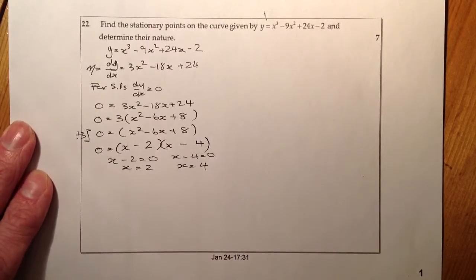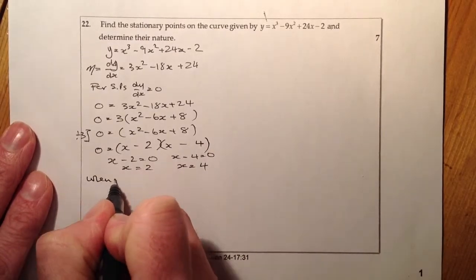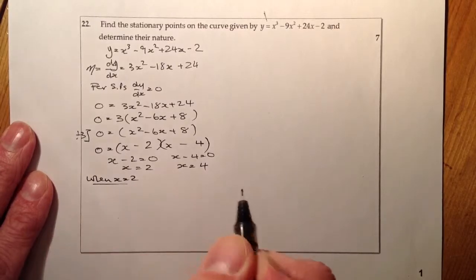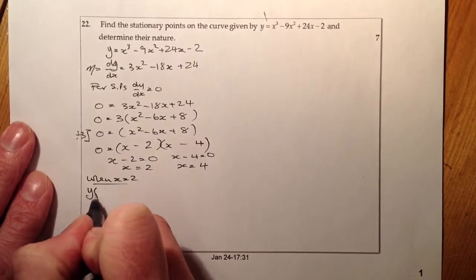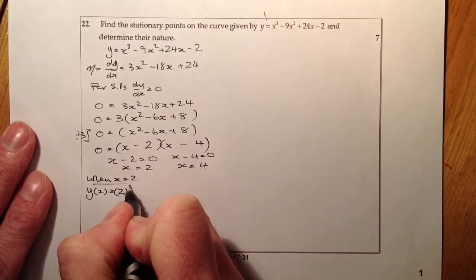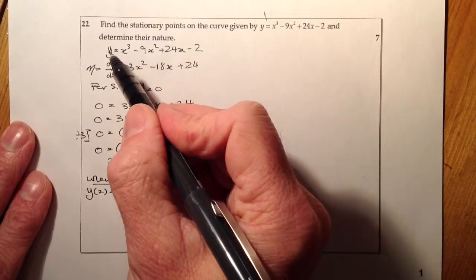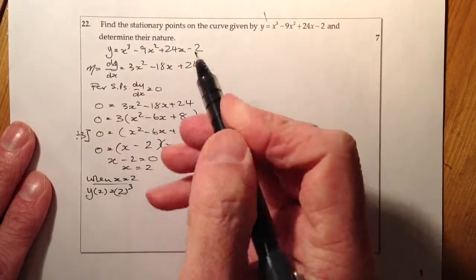So from there I'll go ahead and work out my y coordinates. I'll substitute when x is equal to 2 first. So y, when x is 2, is going to be equal to 2 cubed. I'm just substituting back into the top equation where it says y equals to find out the y coordinate.